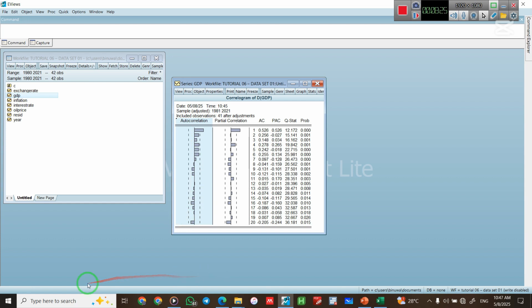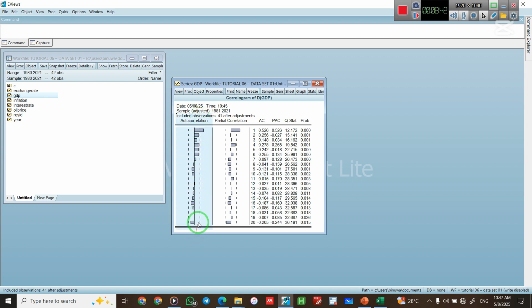So the criteria for identifying the number of MA terms is similar to the criteria that we have used in the AR model. The first criterion is that there should not be any systematic pattern in here.